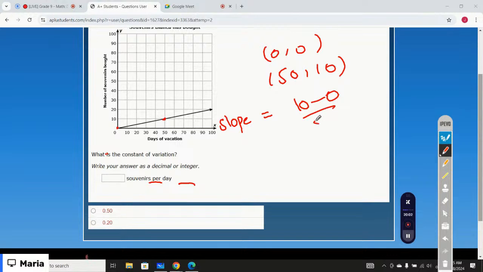10 minus 0 divided by 50 minus 0, that is 10 over 50, that equals 1 over 5 or 0.20, right? So the slope is 0.20.